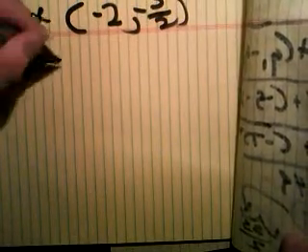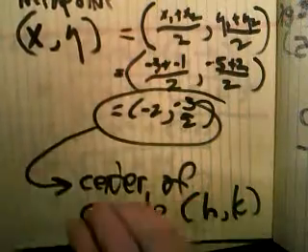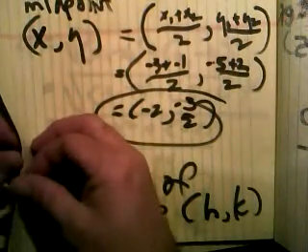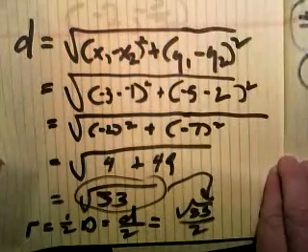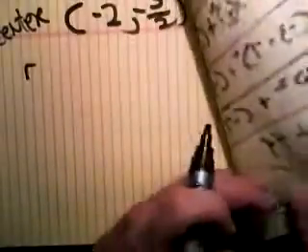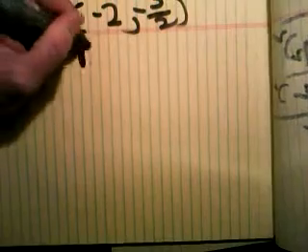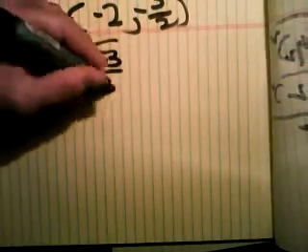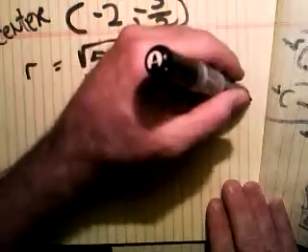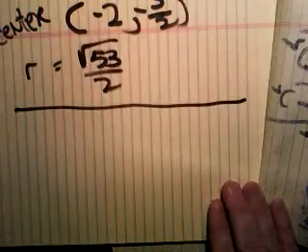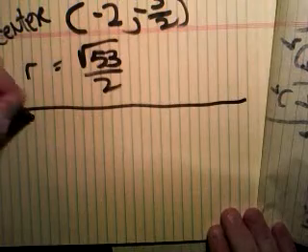The radius is on this other page, and I have to admit this is the longest problem I've worked on in a video here. Square root of 53 over 2. Alright, we are truly almost done with this one.